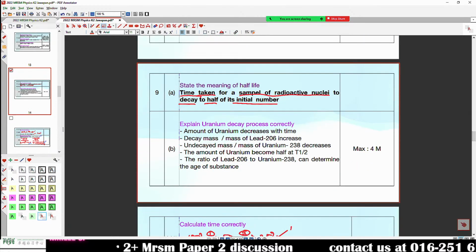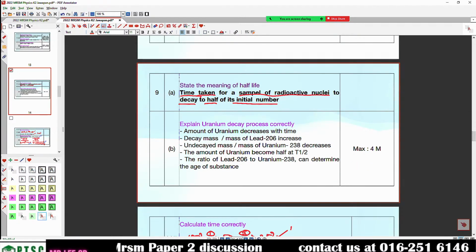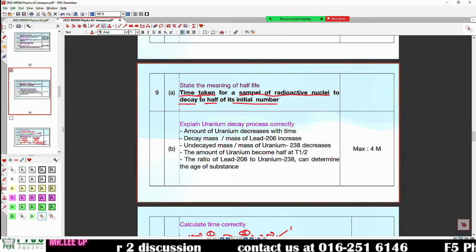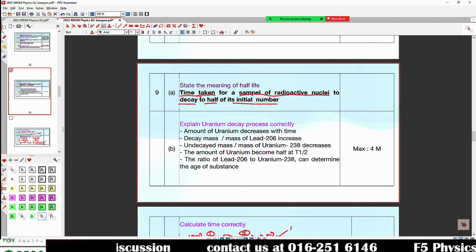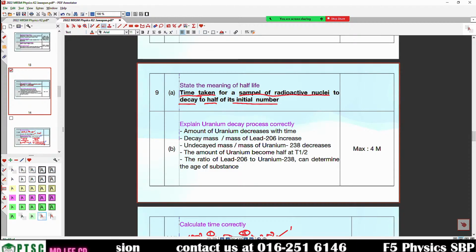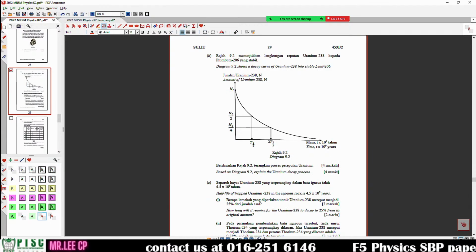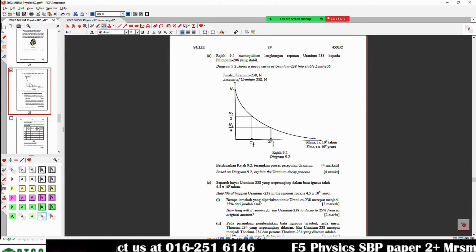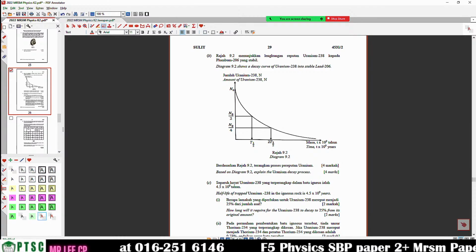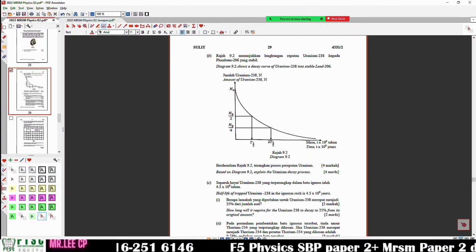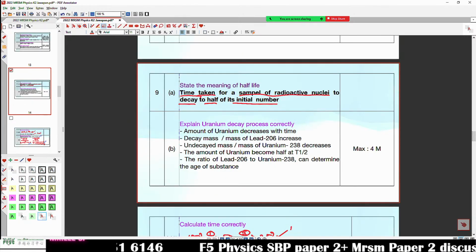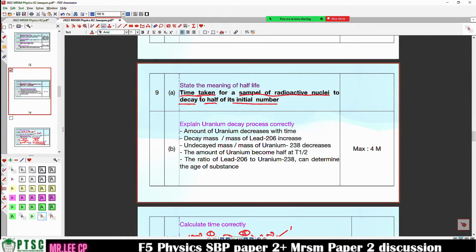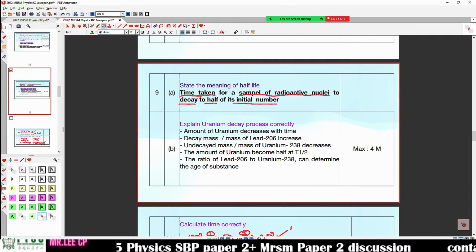I can only write these. You see, amount of uranium decreases with time. This one is 1 mark. Decay mass, right? Mass of the lead-206 increases, from 238 to 206. So this one mass increases because this one decreases. You will form 206. Undecay mass, uranium-238, decreases.